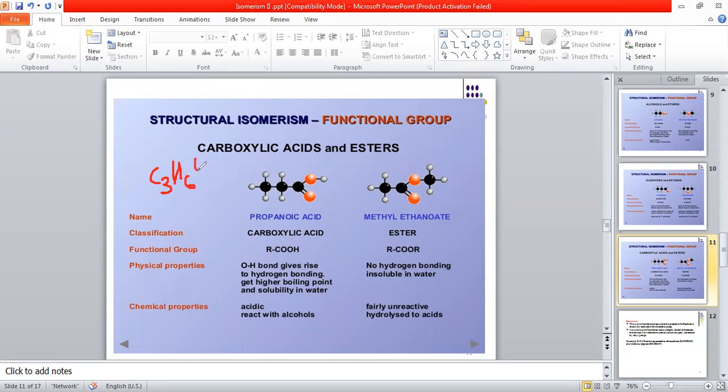And oxygen number is how many? 2. C3H6O2. So this one is called oic acid, carboxylic acid, and this one is called ester. The difference is found in the functional group. On one side there is a carboxylic acid, on the other side there is an ester.